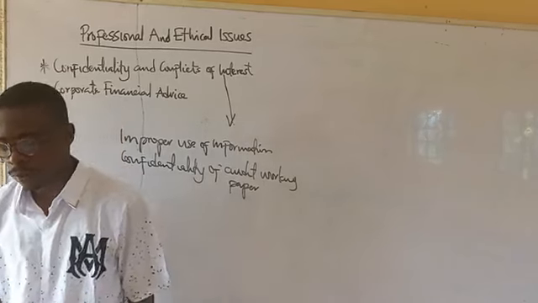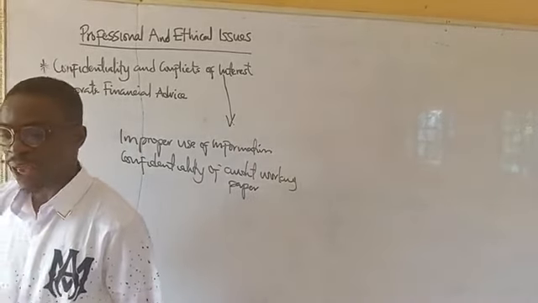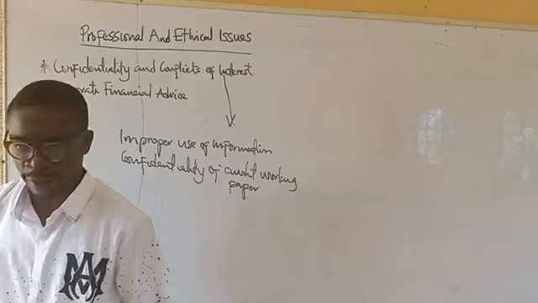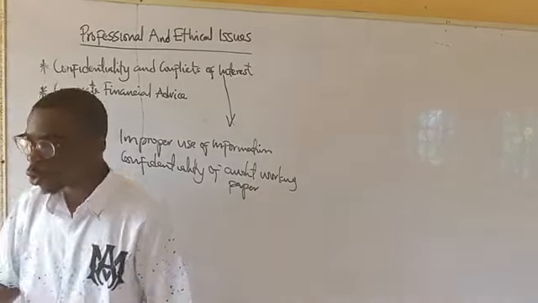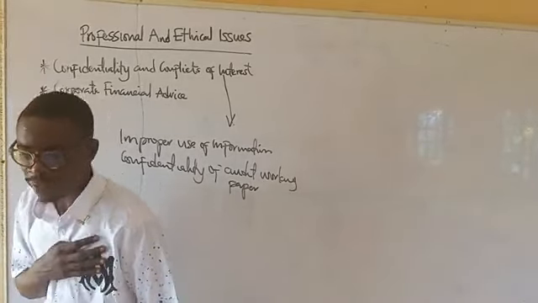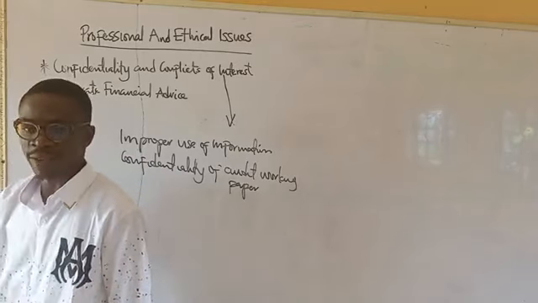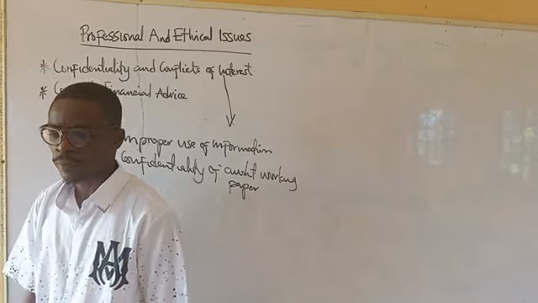Am I communicating? So you should always act in the best interest of your client, as far as the law permits. So don't provide the audit working paper, because it is your property as an auditor, to a third party, or make it accessible to a third party.